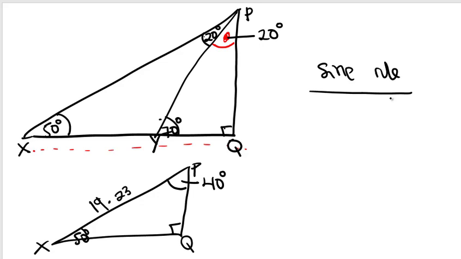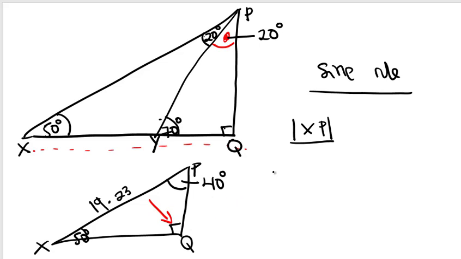And from the sine rule, using this particular triangle, we are going to have the length of XP over the sine of the angle that is opposite to side XP, and in this case it's what? 90 degrees.